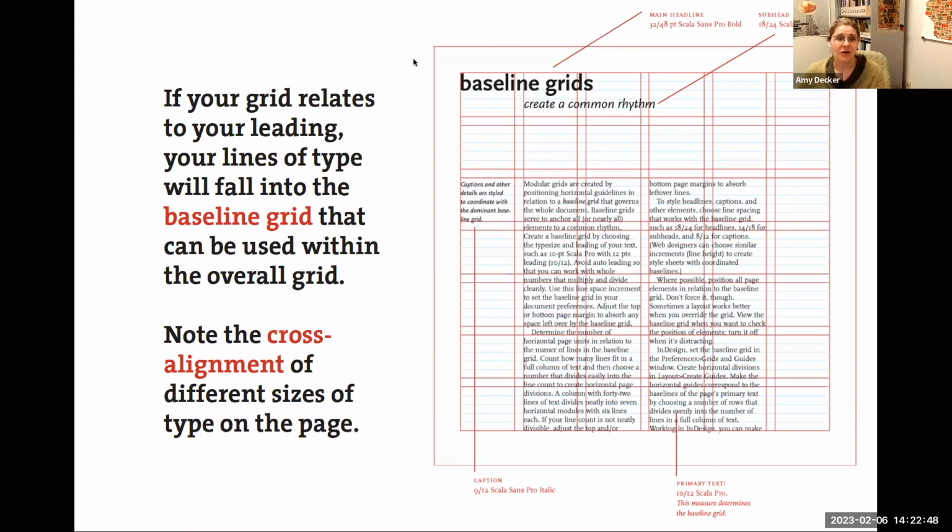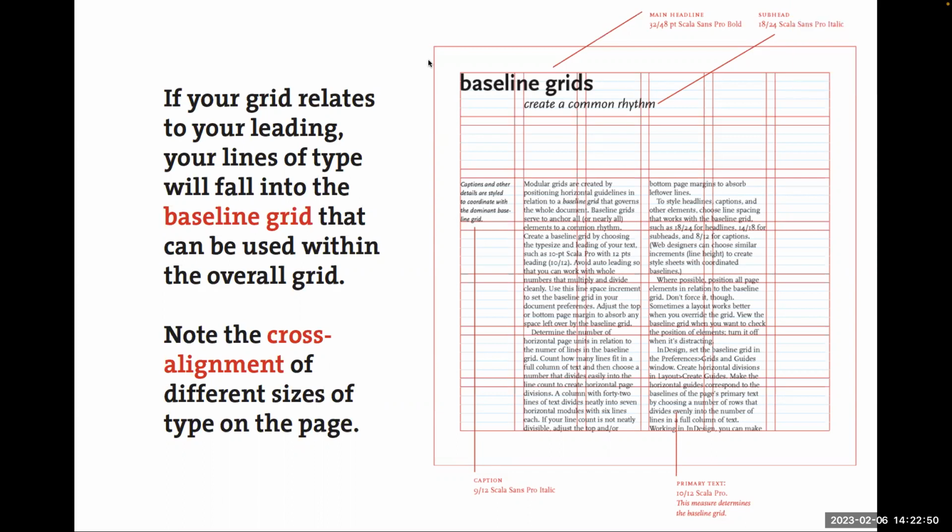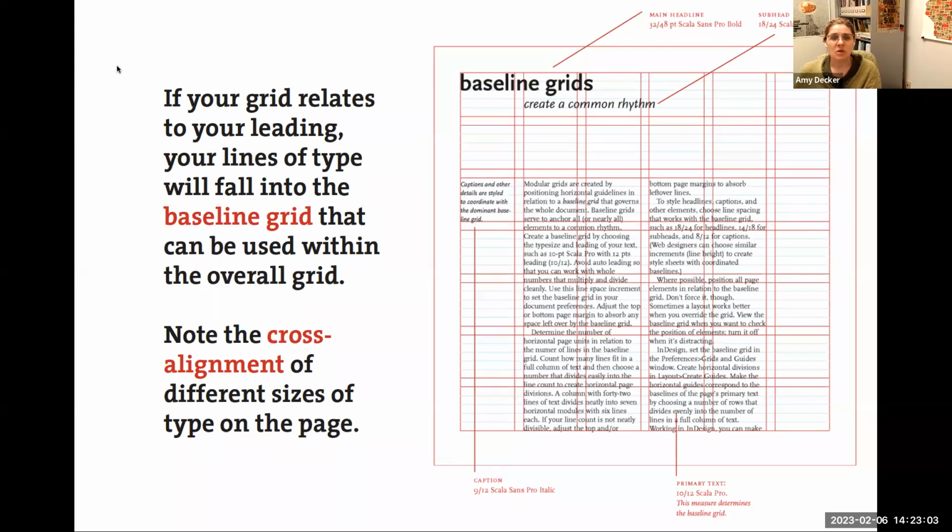Zion, go for it. Oh, I was going to ask, could you repeat the question? Oh, the question is, all of the type is sitting on a 12-point baseline grid. How is it, if the baseline grid is 12-point, that our headline, which is 48-point leading, and our subhead, which is 24-point leading, is working and sitting on the same 12-point baseline grid?